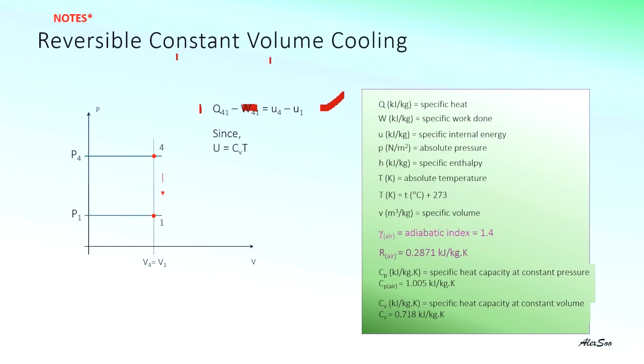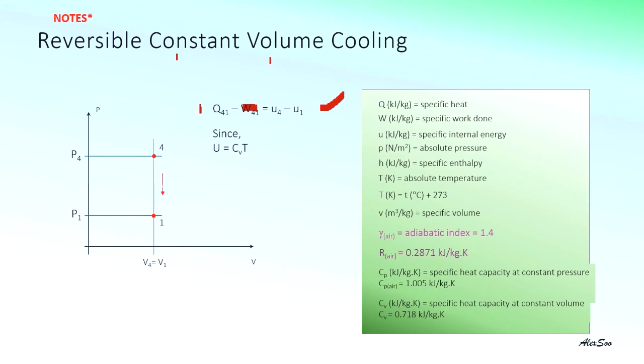The work done here is 0, so you have only heat transfer, which in this case is heat rejected, in terms of the change of internal energy. We know that internal energy U is equal to CvT, where Cv is multiplied by the absolute temperature, and enthalpy H is equal to CpT, where Cp is the specific heat capacity at constant pressure and T is the absolute temperature.